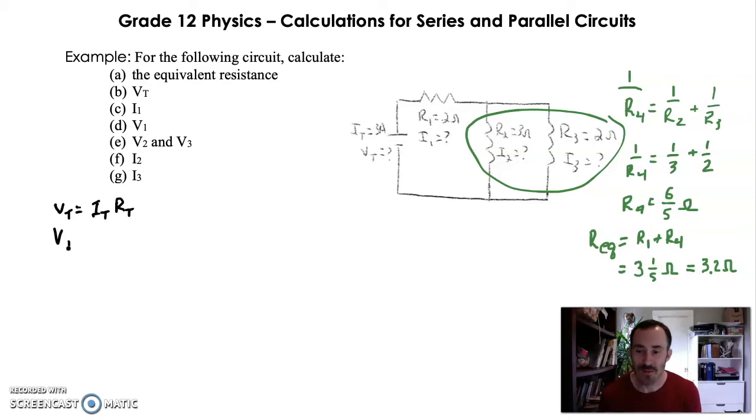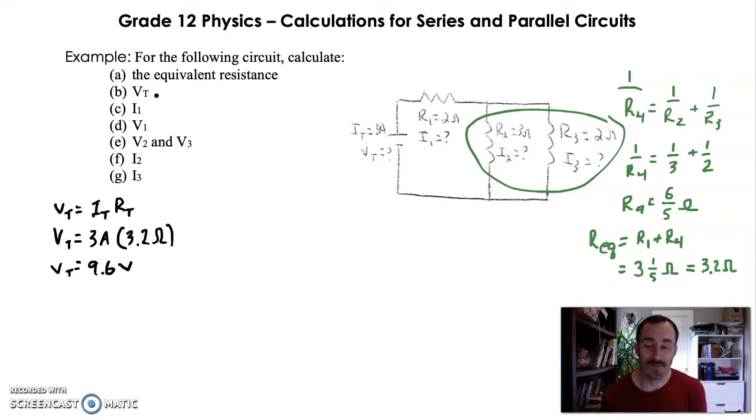VT is equal to 3 amps times 3.2 ohms. And so VT, the total voltage in the circuit, is 9.6 ohms. Not ohms, volts. 9.6 volts.